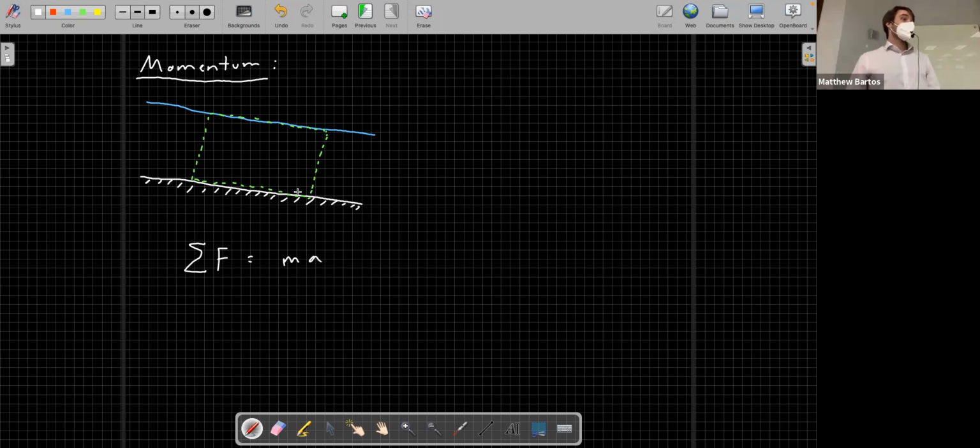So the same equation that you apply to point masses also has to apply to a fluid volume as well. Note that this equation here isn't how Newton's second law was formulated originally.